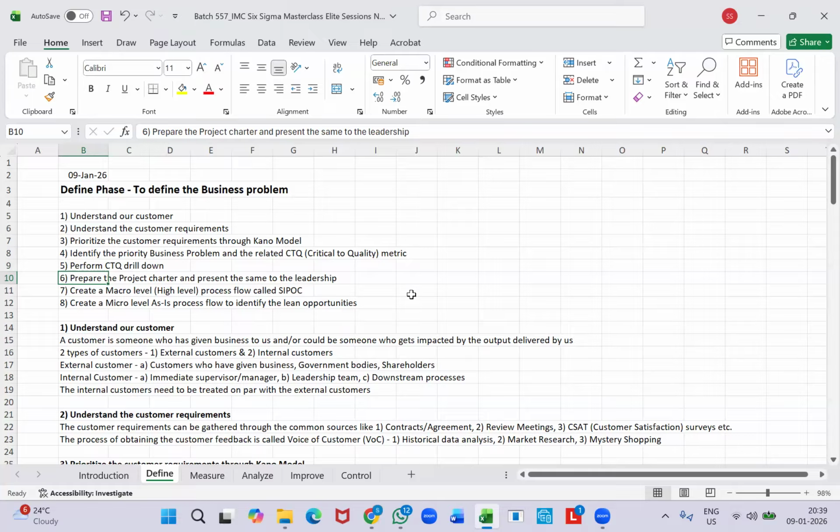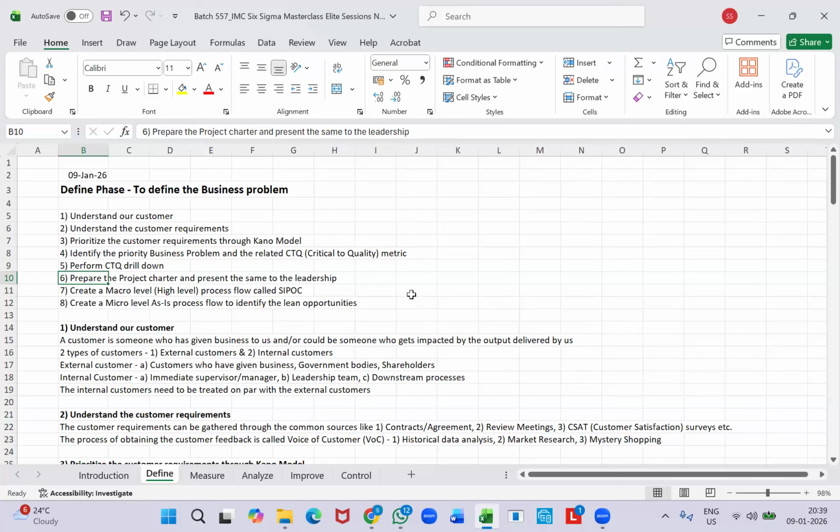Project Charter is a very important document because it will be presented to the leadership in order to obtain their approval to proceed with the project exercise. Because a Six Sigma project is a very special initiative, it has to be approved by the leadership. Only then will the project team be able to work on this project exercise.